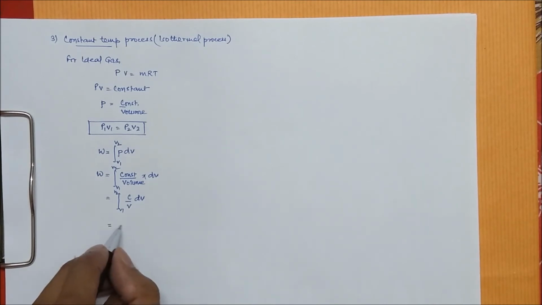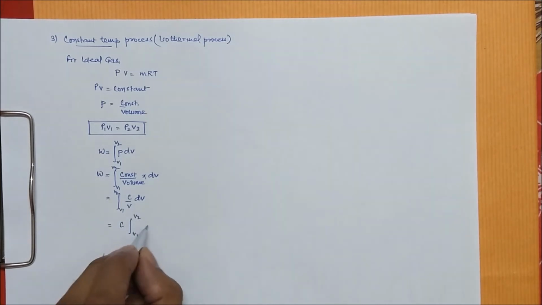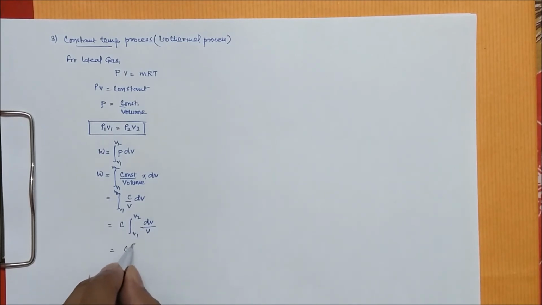Right. As it is constant, it can be taken out. V1 by V2, dV by V. It is C ln V2 by ln V1.